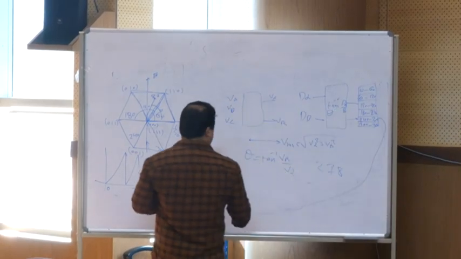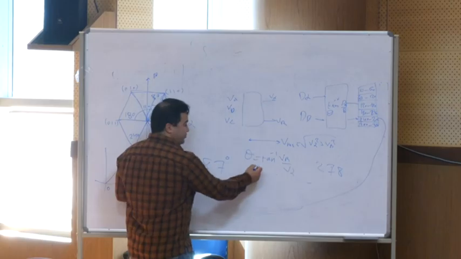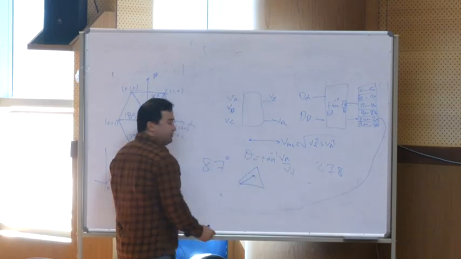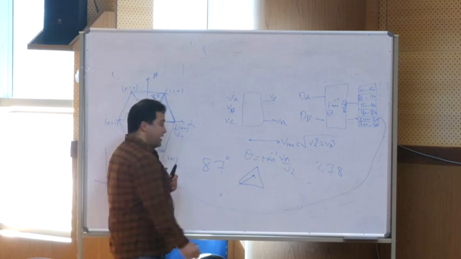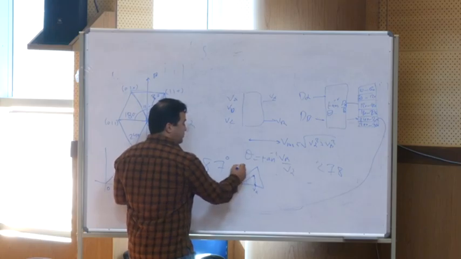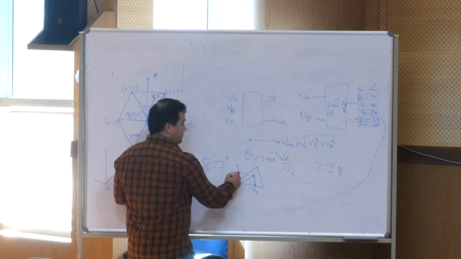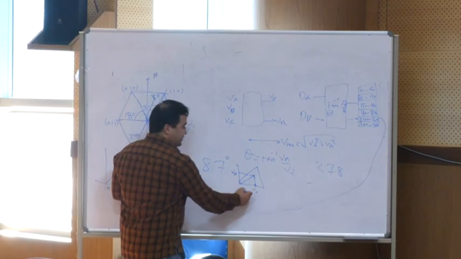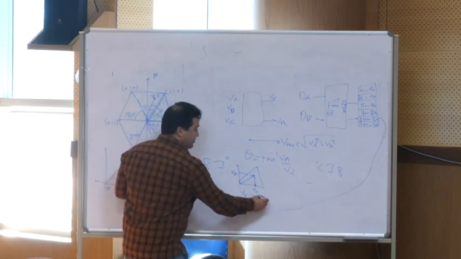Take the first sector, okay? The vector is here, and then you have V alpha and also V beta. Then you should calculate this: V alpha is equal to V cosine theta.